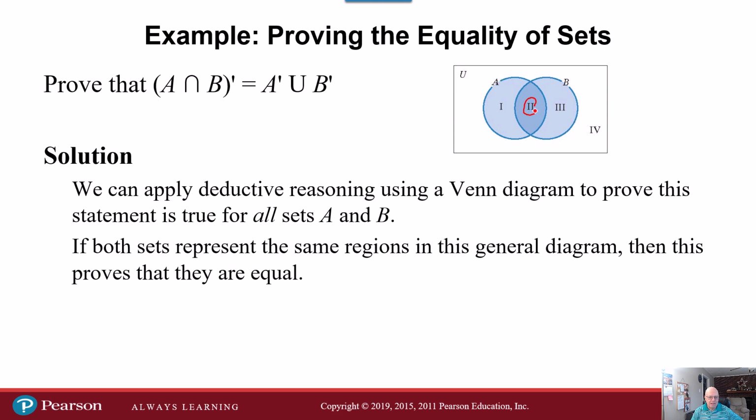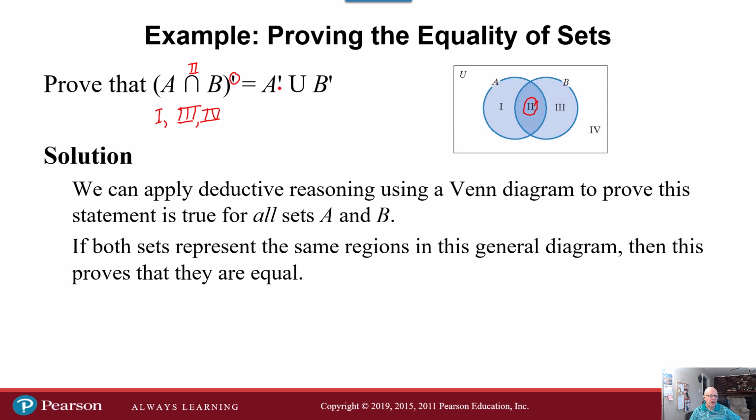What's this? And what's the complement of that? Well, the complement of that is everything that's not that, which would be region 1, region 3, and region 4. Okay? The intersection is just 2. And we want the complement of that, so it's everything else, all the other regions.